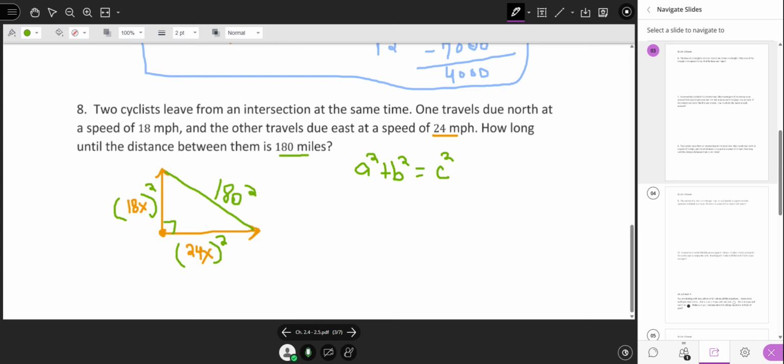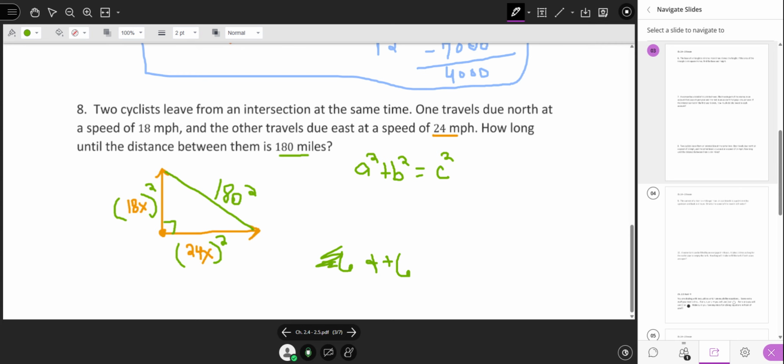So parenthesis shift 6 square plus parentheses shift 6 square equal 180 shift 6 square. Now fill in 18x, fill in the other 24x. Oh, I gotta hit home. Now that gives me two answers. It gives me -6 and +6.